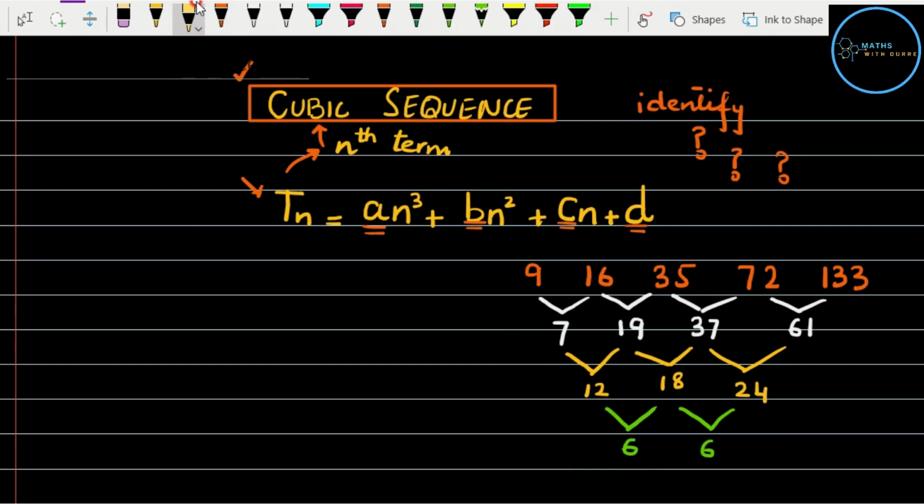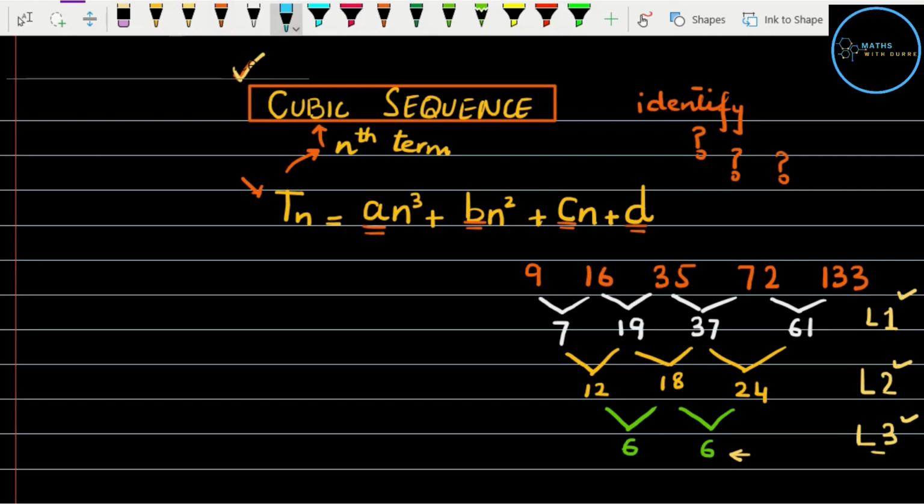It is layer 1, layer 2, layer 3, or you can say first time, second time and third time. As we get the same difference the third time, it means you have to go with the method of cubic sequence. Right? Okay.